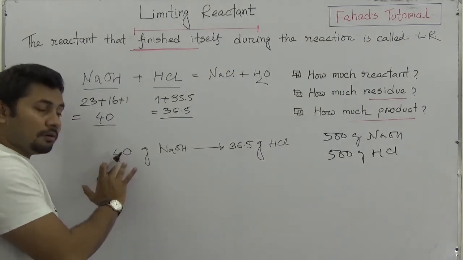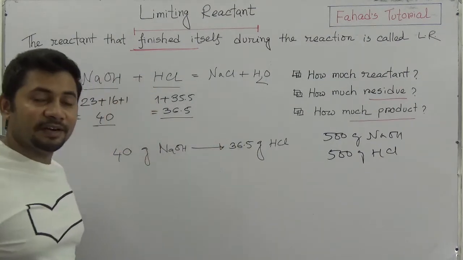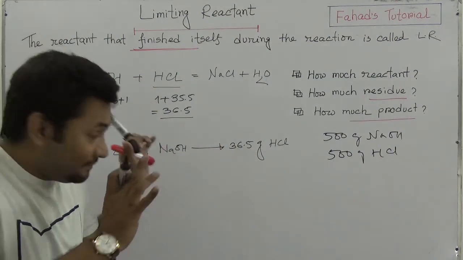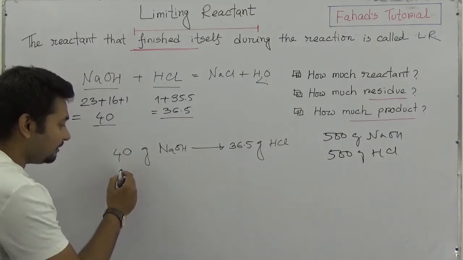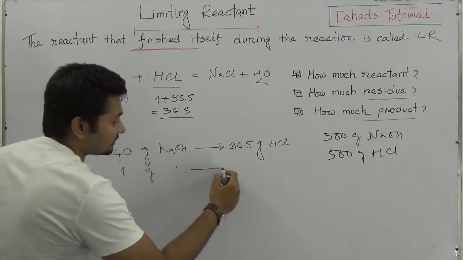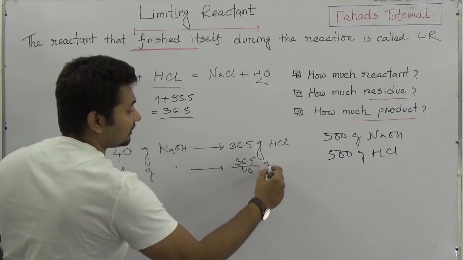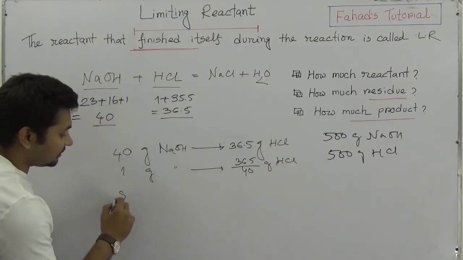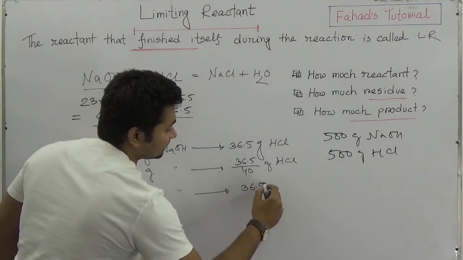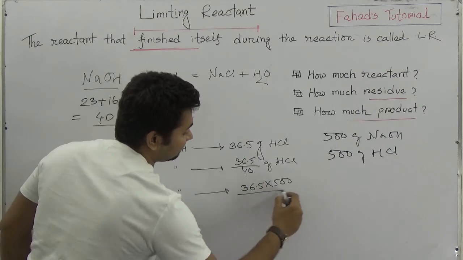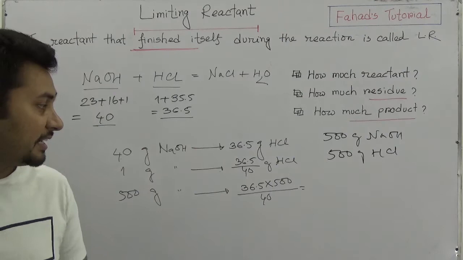That means more sodium hydroxide is required with comparatively less hydrochloric acid. I'm not doing the calculation, I'm just giving you a hint to think about it. So if 1 gram sodium hydroxide reacts with 36.5 over 40 gram HCl, then 500 gram sodium hydroxide needs 36.5 times 500 over 40. Now you think it will be very close to 500 again.